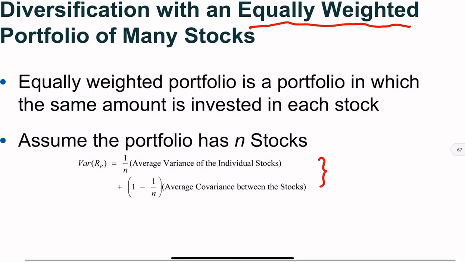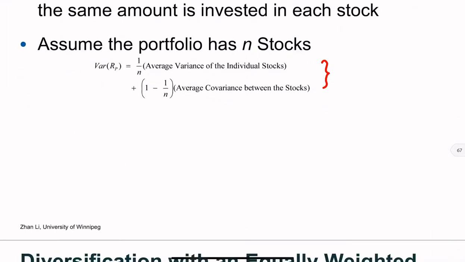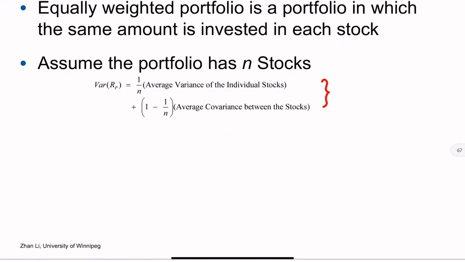It tells you that the variance of this equally weighted portfolio's return equals 1 divided by the number of stocks, where this letter N represents the number of stocks, times the average variance of individual stocks, plus 1 minus 1 divided by the number of stocks, times the average covariance between different stocks.